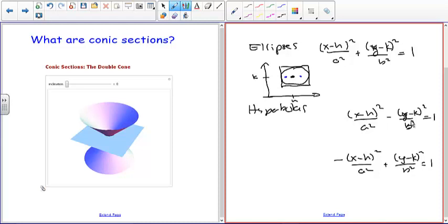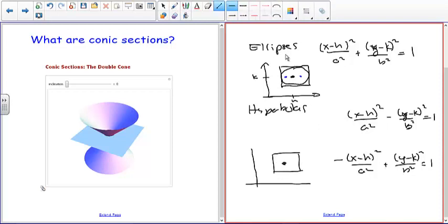So what you usually do with hyperbolas is, again, you have a center to the hyperbola, and you have a box that's defined by these values a and b, but instead of having the curve inside the box, it's outside the box.